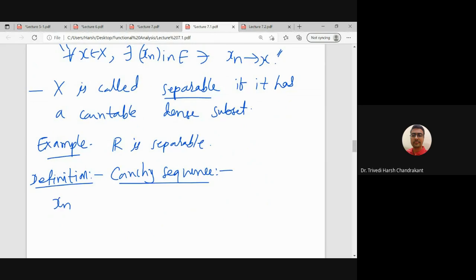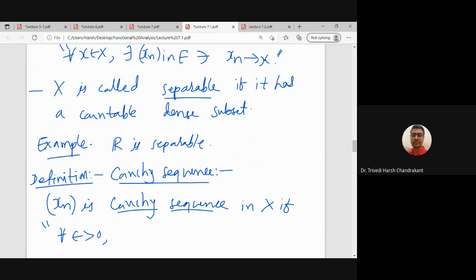So xn is a Cauchy sequence in a metric space X if for every epsilon greater than 0 there exists a natural number N such that the distance between xn and xm is less than epsilon for all n and m greater than or equal to N.